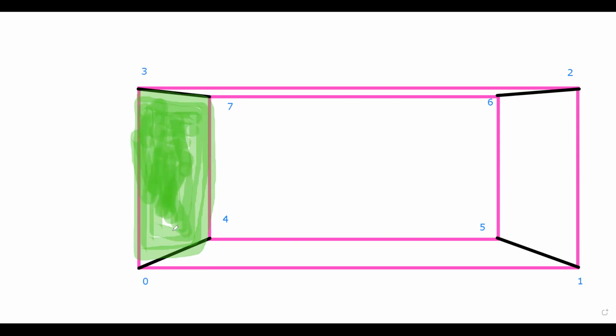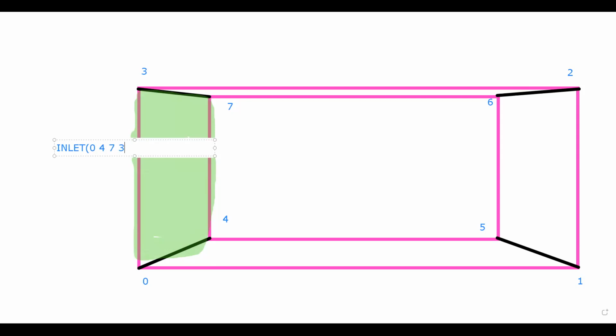Let me assign the name for inlet and write here: inlet. What are its names? Its names are 0, 4, 7, and 3. 0, 4, 7, and 3 are the names of my inlet.